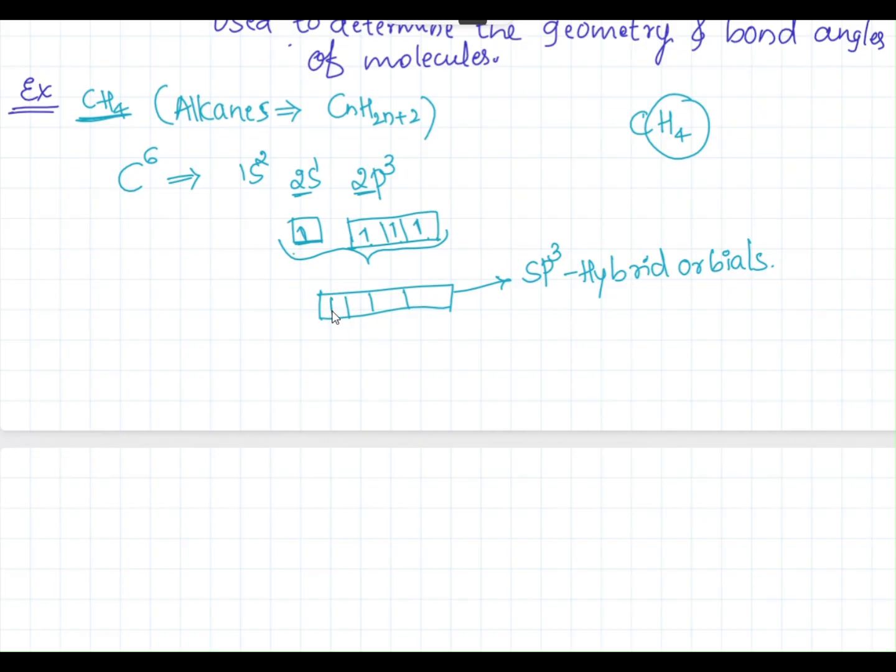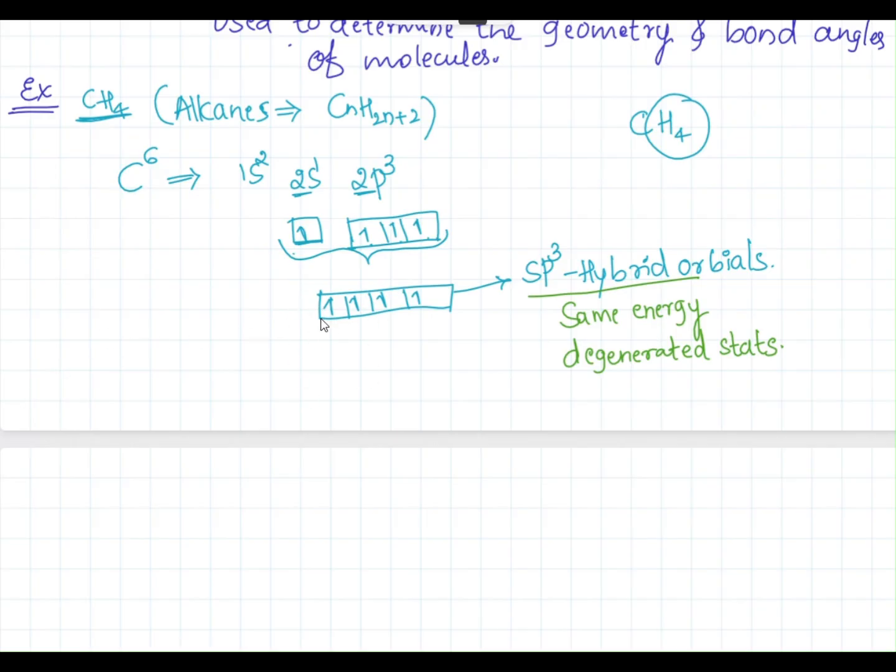And each orbital has one electron. These sp3 hybridized orbitals have the same energy, hence they are called degenerate states.